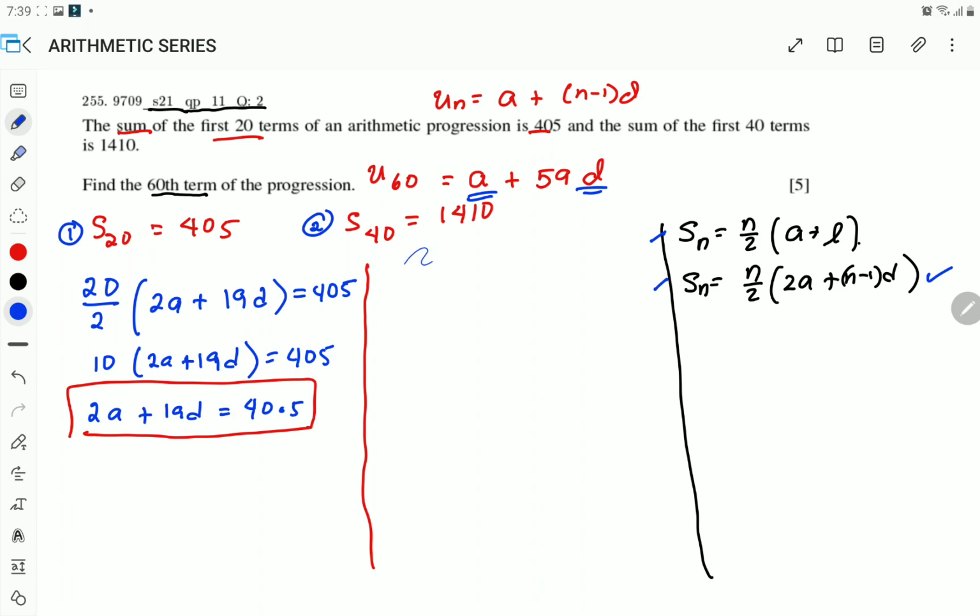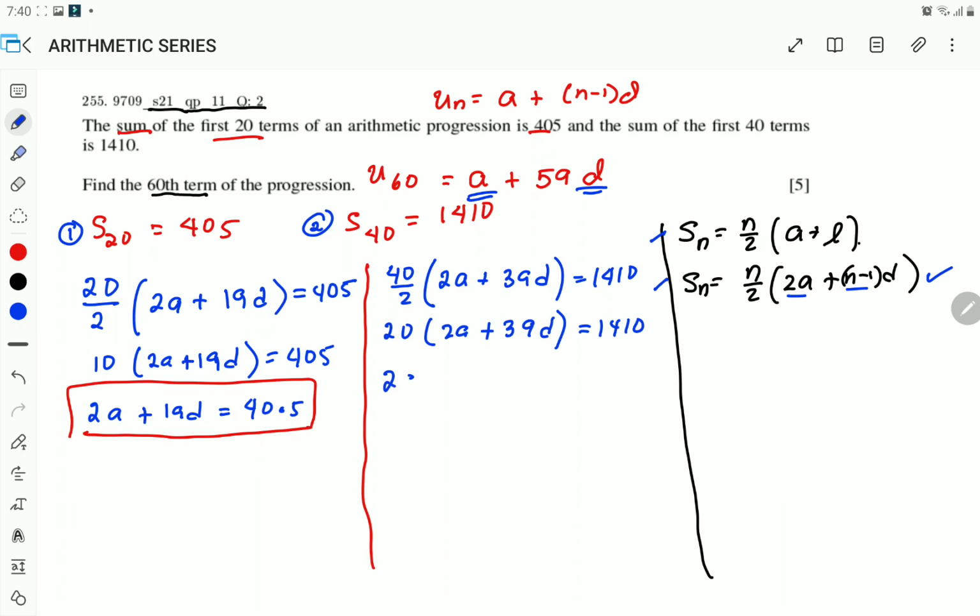It says S40. So 40 over 2 times 2a, we do not know the a, plus n minus 1, so that is 39d. That's equal to 1,410. So this is going to be 20 times (2a plus 39d), that's so huge, equal to 1,410.